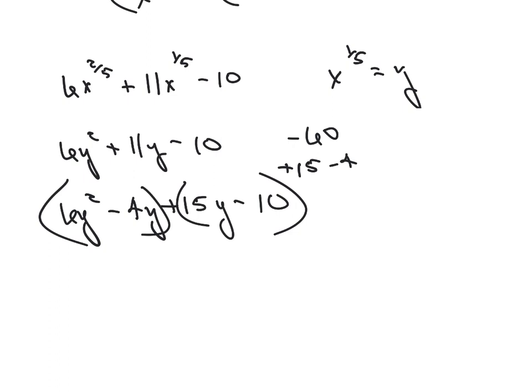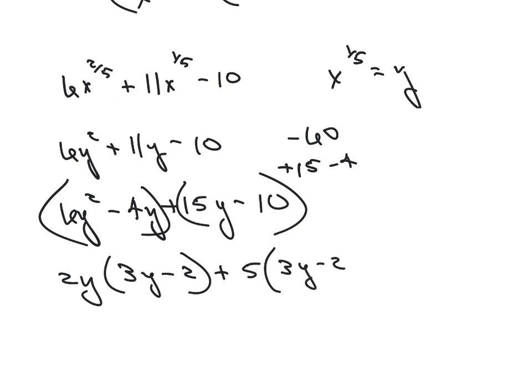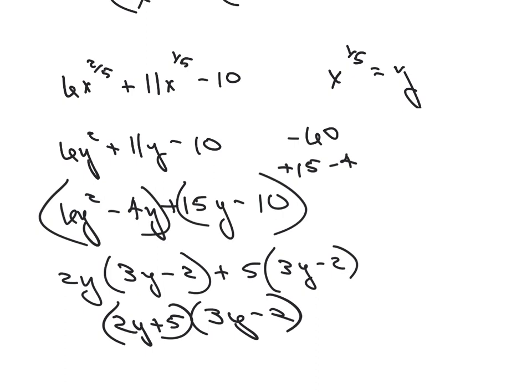We're going to pull a 2 and a y out and be left with 3y minus 2. And we're going to pull out a 5, and we're going to be left with 3y minus 2, which is 2y plus 5 times 3y minus 2.